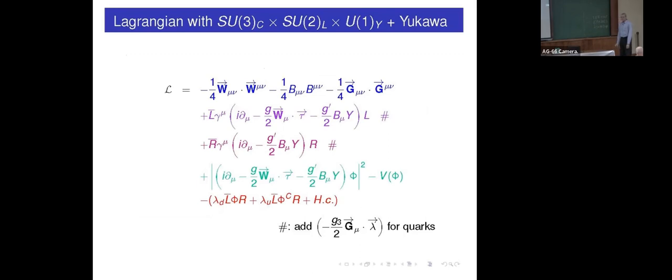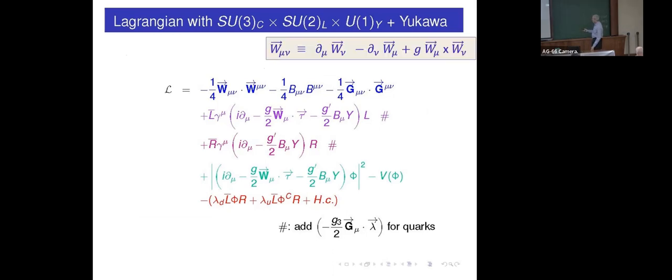Okay. So this all allows us to write down the standard model on just one slide, all interactions in just 5 lines. We just have to understand what these terms mean. The first line is the kinetic energy terms of the W bosons, the weak interaction terms. This is the hypercharge boson B, and these are the 8 gluons.